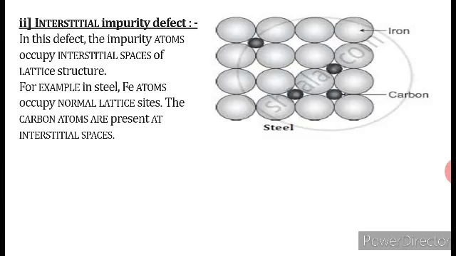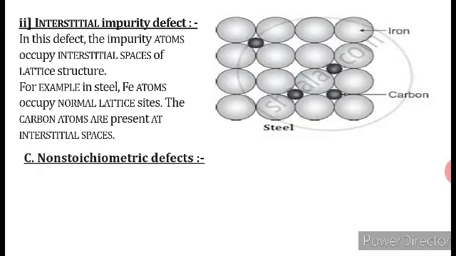So here we have completed the discussion about the second category of point defect. Now the last, or third, category of point defects. What is that? Non-stoichiometric defects.